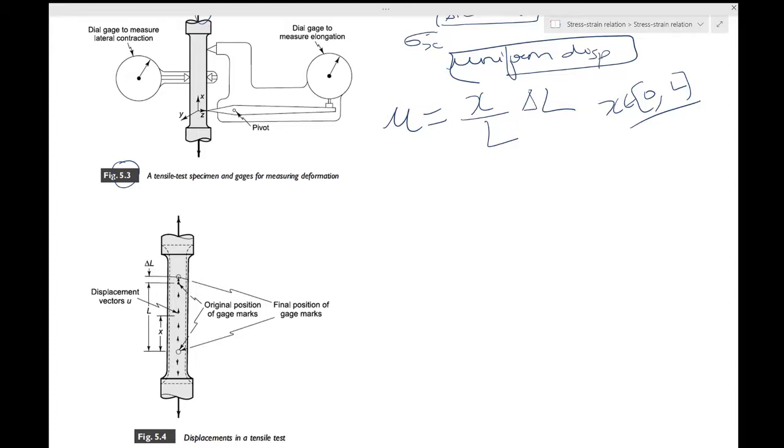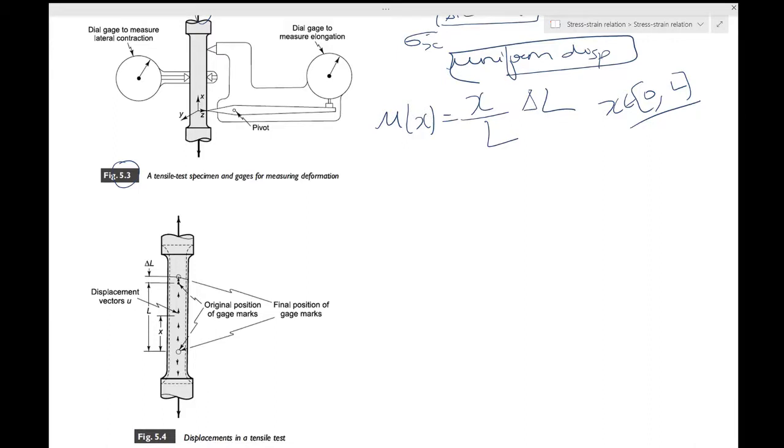Anyway, for displacements which are uniformly varying, u of x, so to say, is a variation. Let me write it out like this: u of x is equal to this. So at the position L, the displacement will be delta L. At the position 0, the displacement will be 0.